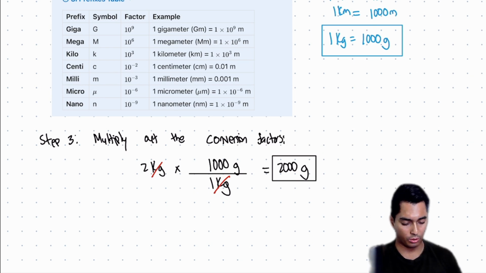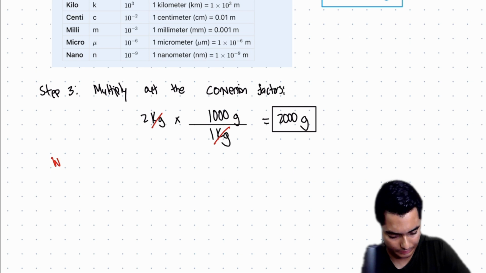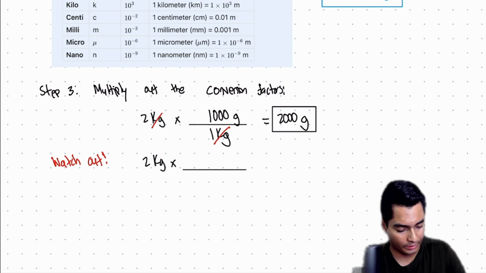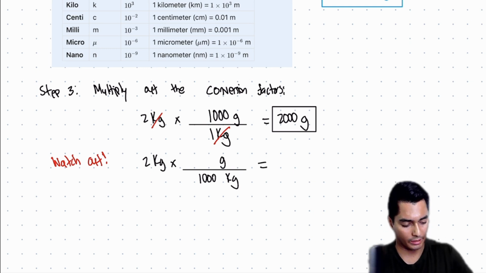Now, would it be correct if I did this? Watch out for this. You might be tempted to say, hey, I'm going to have 2 kilograms down here, and then I'm going to divide by 1,000 kilograms per gram. And then I'm going to get a really weird number. I'm going to get 0.001.